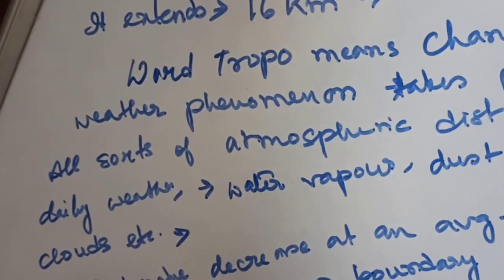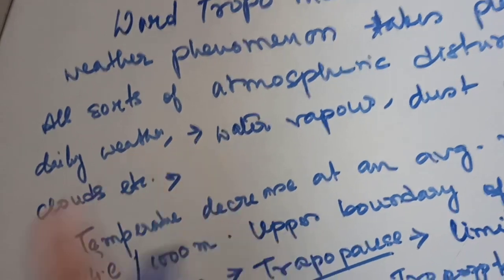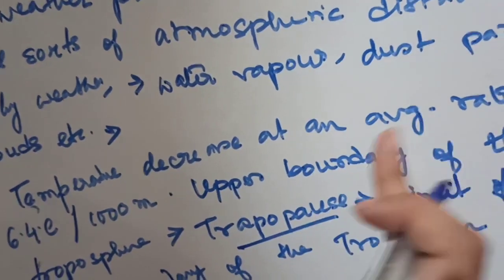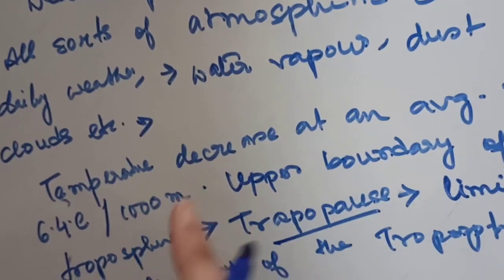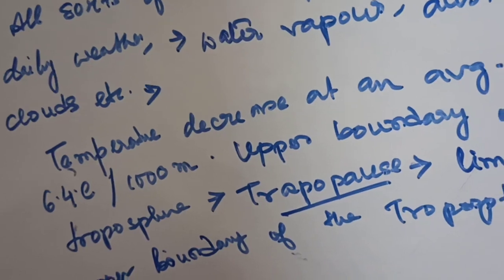This layer also contains water vapor, dust particles and clouds, etc. In the troposphere, the temperature decreases at an average rate of about 6.4 degrees Celsius per 1000 meters of ascent, and the upper boundary of the troposphere is known as the tropopause.